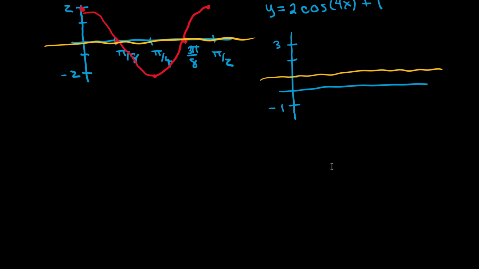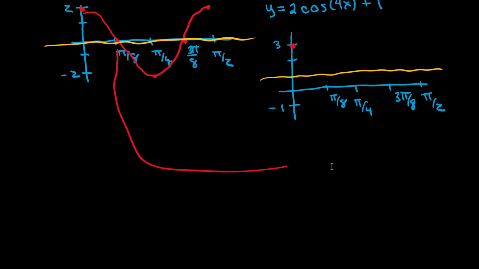Notice it's still going to run through its entire graph in a length of pi over 2. Okay, so we've got our pi over 4, our pi over 8, our 3 pi over 8. And all I'm going to do here is put in my same y values. Now be really careful. Remember, over on this graph, that point was on the midline. It's still on the midline, but now the midline's there.